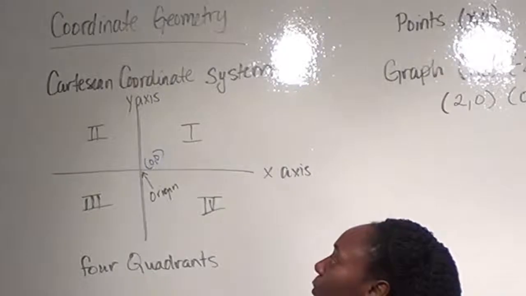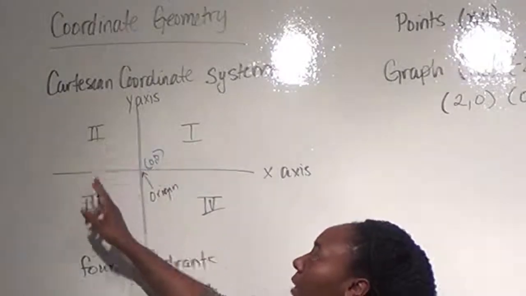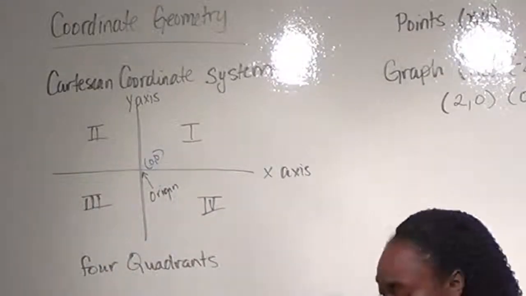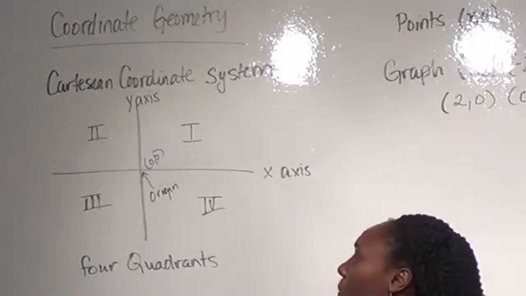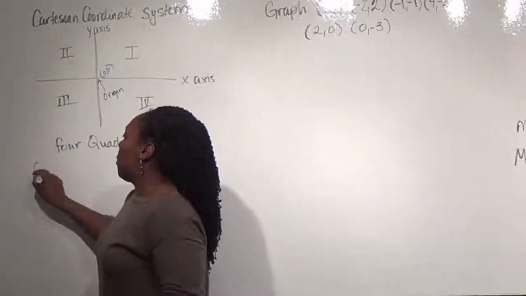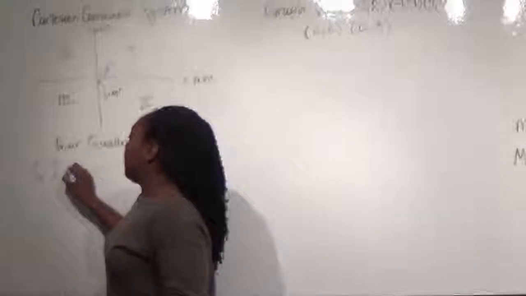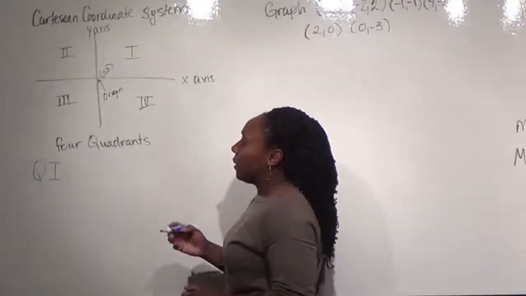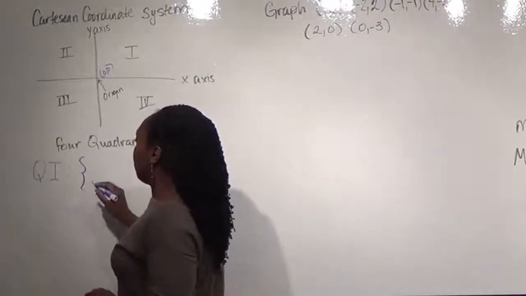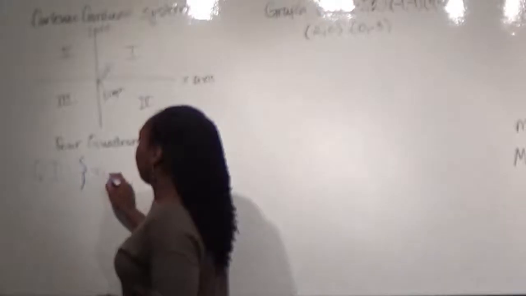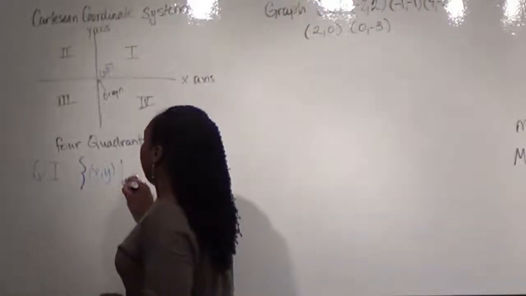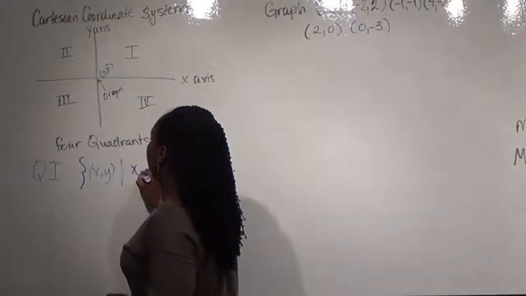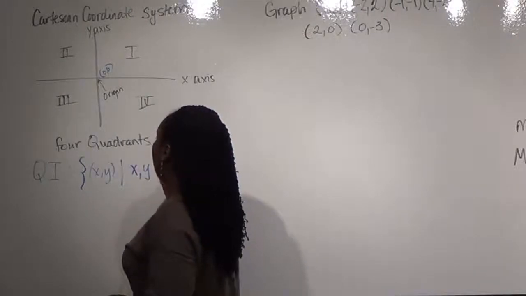And it's broken up into 4 quadrants, first, second, third, and fourth. And these quadrants have special properties. So quadrant 1 is basically the set of all points (x, y) where x and y are both greater than 0.